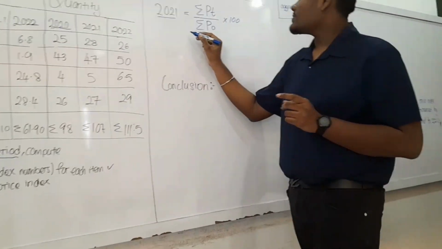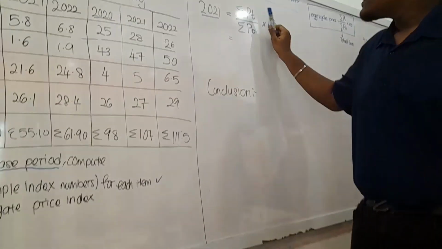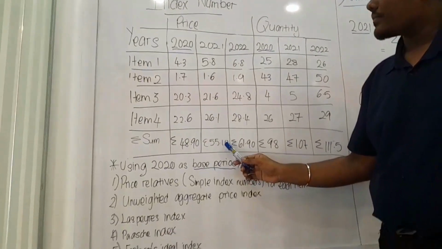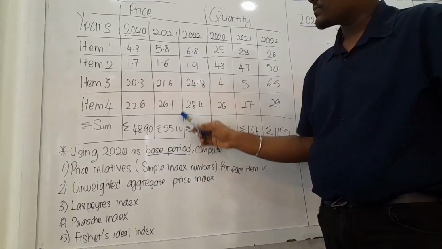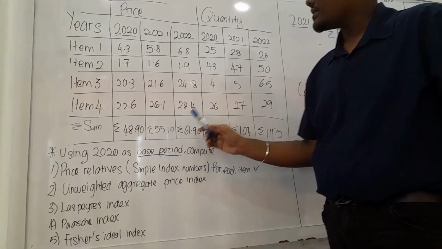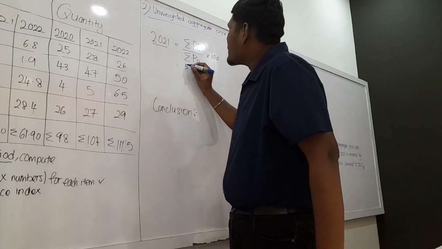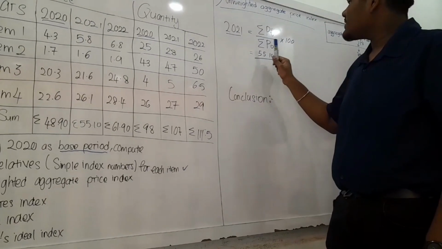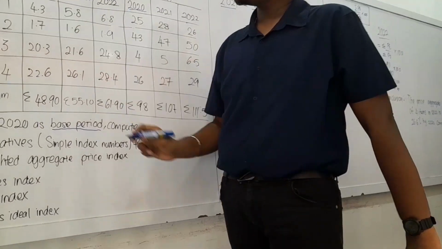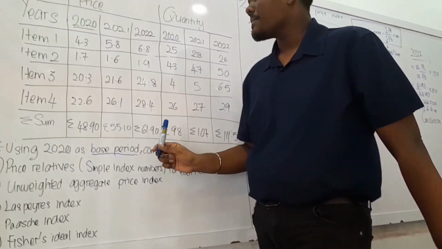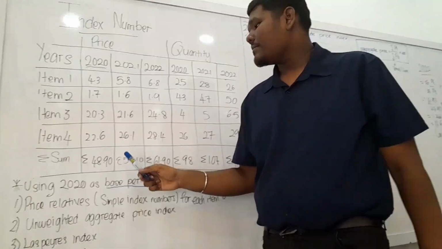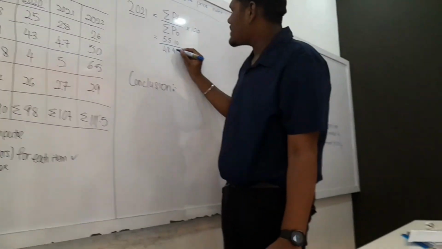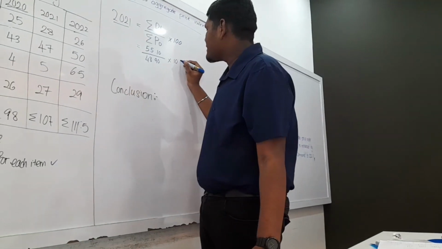Okay, so now let's go. For PT, the current year 2021, this is the sum, which means it's all over the total. So 55.10, write it over here. And then let's see the base year, which means 2020, sorry. The sum is 48.90. 48.90 times 100.